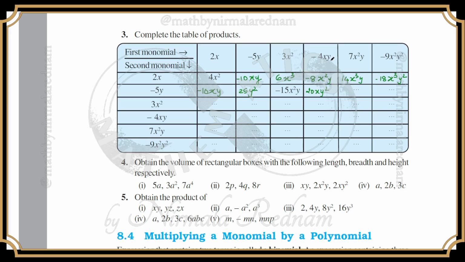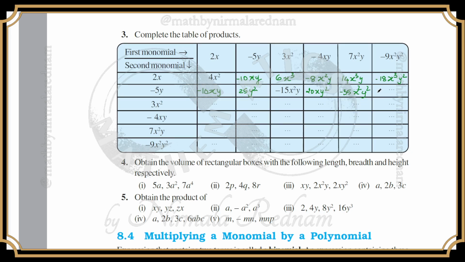I have 1x here and 1y and y will become y square. Now this is minus 5 into 7 is minus 35, right? And I have x square here. There's no x term over here. 2 y's will give me y square. So this is minus 35 x square y square.